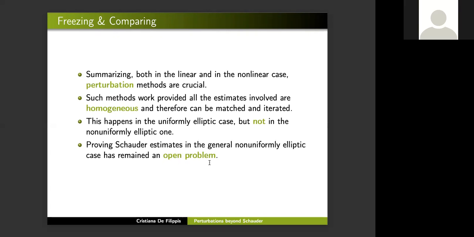You match those two pieces of information, you iterate, you get Hölder continuity for the gradient. That's it. And this works perfectly in the uniformly elliptic setting, but fails in the non-uniformly elliptic one. Indeed, proving Schauder estimates for non-uniformly elliptic problems was, let's say, a substantial open problem.